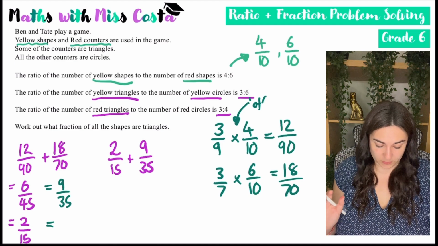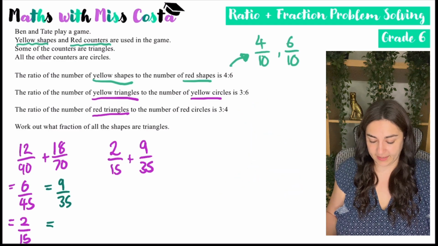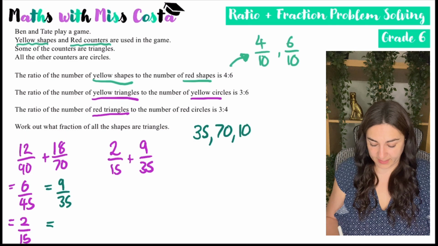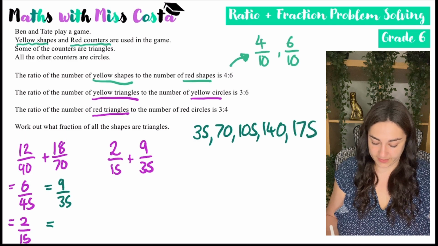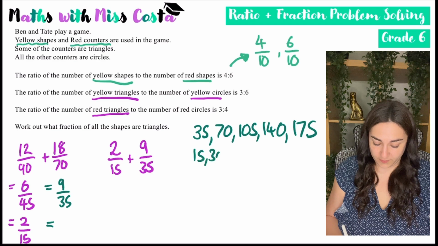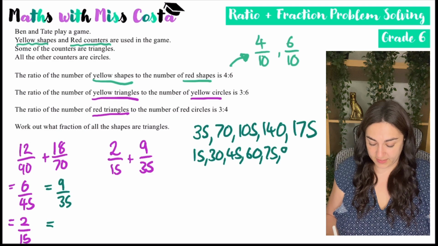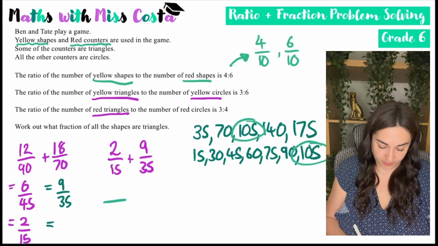So the lowest common multiple of 35 and 15, this is a non-calculator paper, this is a slightly long question, but we've got 35, 70, 105, 140, 175. Then we've got 15, 30, 45, 60, 75, 90, and then 105. So the lowest common multiple of 15 and 35 is 105.